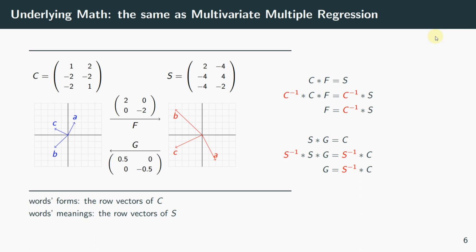What we have is two numerical vector representations, C for word forms and S for word meanings. What we are interested in is the two-direction mappings between C and S, the F and G. To get those mappings, we rely on the matrix inversions highlighted in the equations.